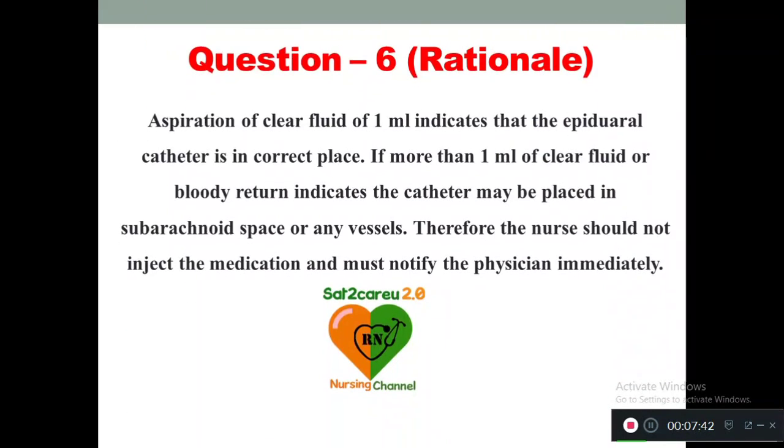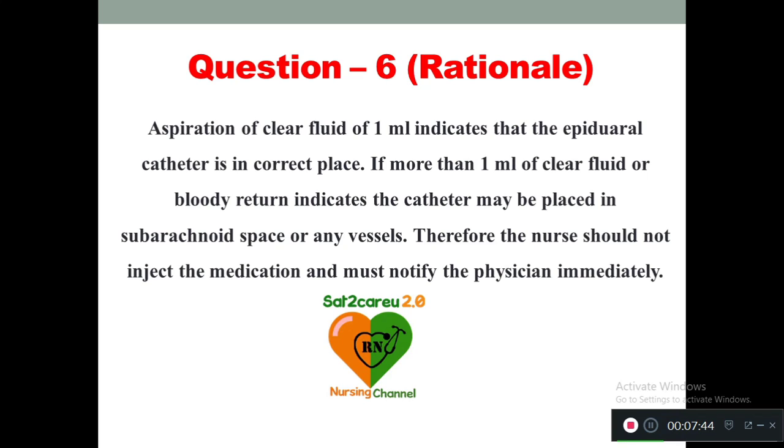The rationale: aspiration of clear fluid of 1 ml indicates the epidural catheter is in the correct place. More than 1 ml of clear fluid or bloody return indicates the catheter may be placed in the subarachnoid space or in a vessel. Therefore, the nurse should not inject the medication and must notify the physician immediately.